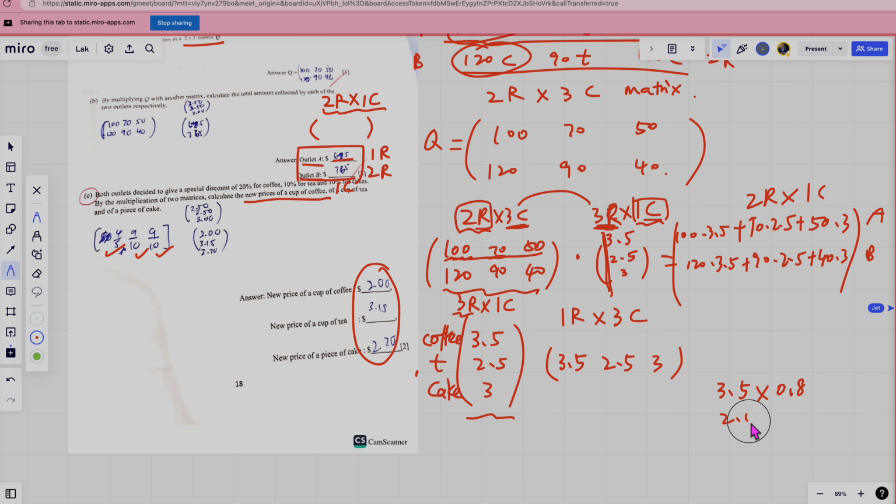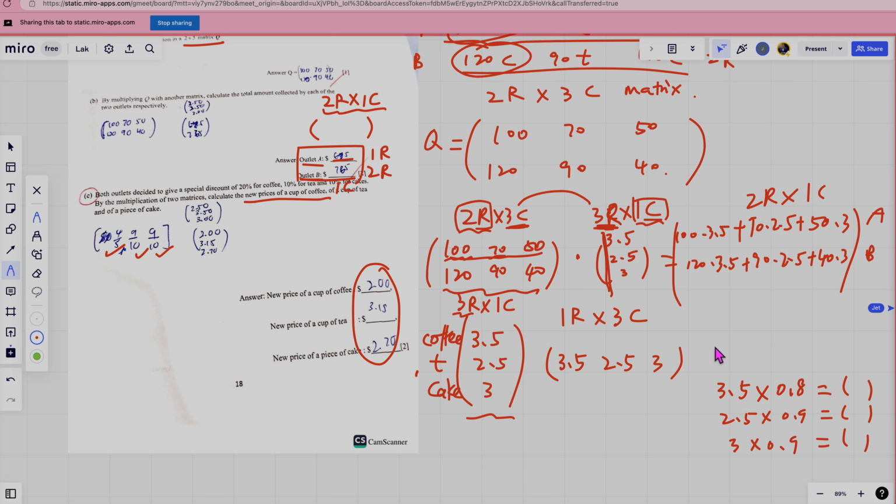Then 2.5 times 0.9, and then after that $3 times 0.9, and then you will end up with the corresponding new prices, right? So in a way, you want to times the discount.